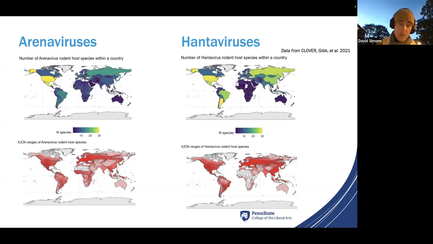But for example, with the arenaviruses, the ones that we're particularly interested in are Lassa fever, which is the pathogen that I studied as part of my PhD and is the main work of my postdoc. This is a viral hemorrhagic fever that's limited to West Africa. But then there's the New World arenaviruses, such as Junin virus in Argentina as well.